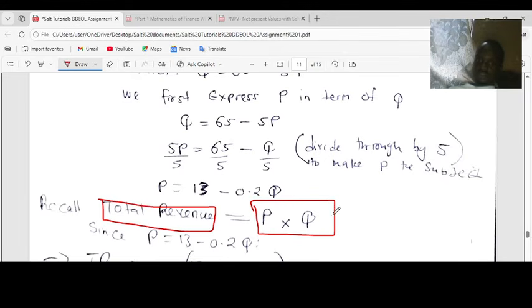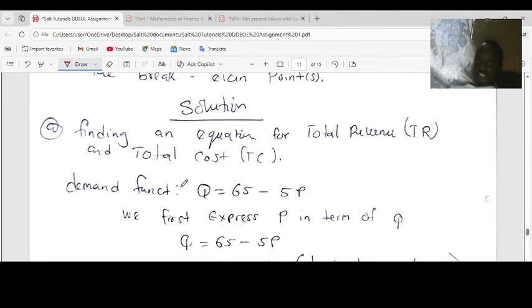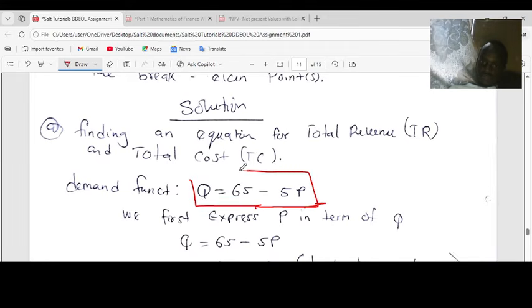Now, if this is my total revenue formula, I need to know how much I am selling per item. How much you are going to sell is going to come from the demand function. The demand function is given by Q equals 65 minus 5p. That's your demand function. So what you have to do is make P the subject so that you can find the expression for price.